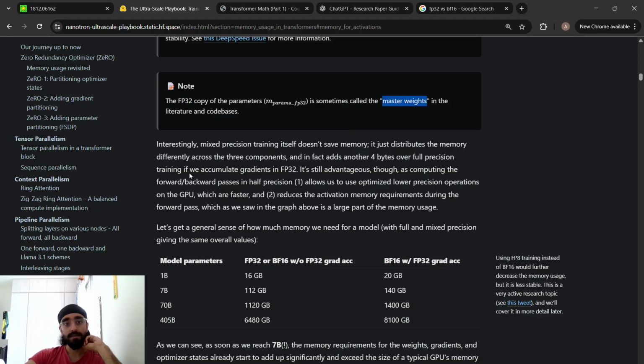Also, the computation of the forward and backward pass can happen in BF16 instead of FP32, and those computations are much faster compared to FP32 computations. So the first benefit is faster computation because it allows us to use optimized lower precision operations on the GPU, and the second is reduced activation memory requirements.